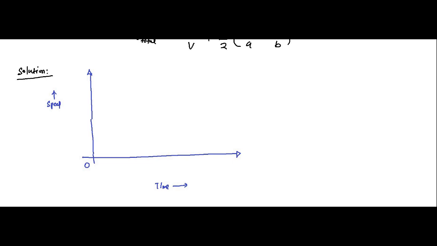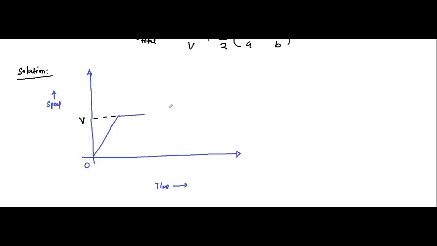Object, the train, its speed increased at a constant rate a, so uniform rate a, and finally it attains a velocity of v, and this is the first phase. Then the speed remains constant.